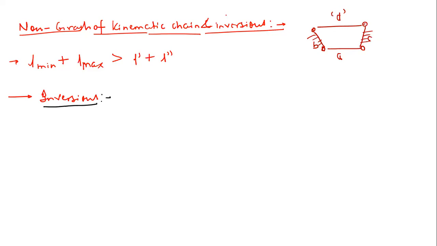What do you think? Double rocker. Okay, so in this case, you will obtain a double rocker. Okay, fine. Now let us remove the fixings from here, and let us fix the link opposite to the shortest link, this one. So what will be the situation in this case? Will it be a double rocker again or a double crank?